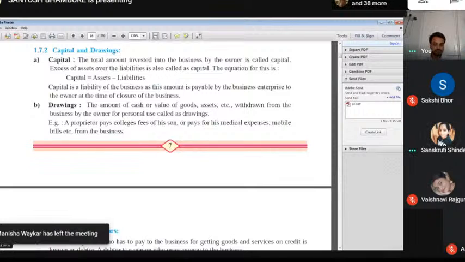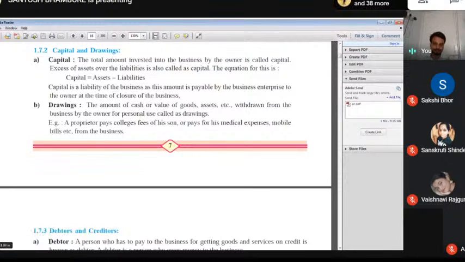I know, sir. Okay, so non-monetary transaction and barter are the same. If I am asking you about barter, then the explanation is the same. Can you say something about the barter system, Sanskruti?